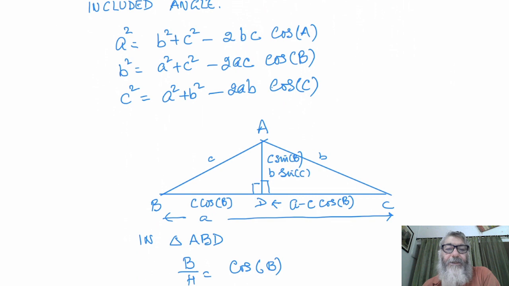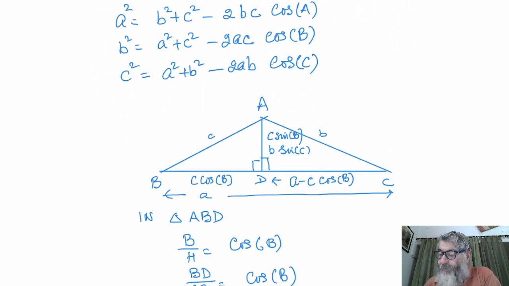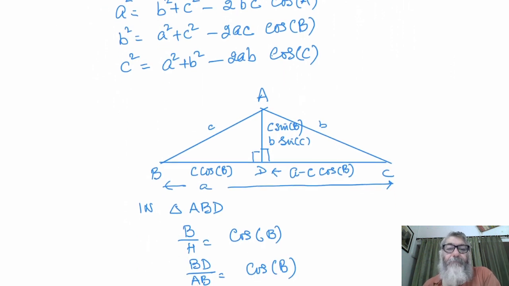In triangle ABD, we calculate the base, that is BD. BD upon AB, base upon hypotenuse, is cos theta.